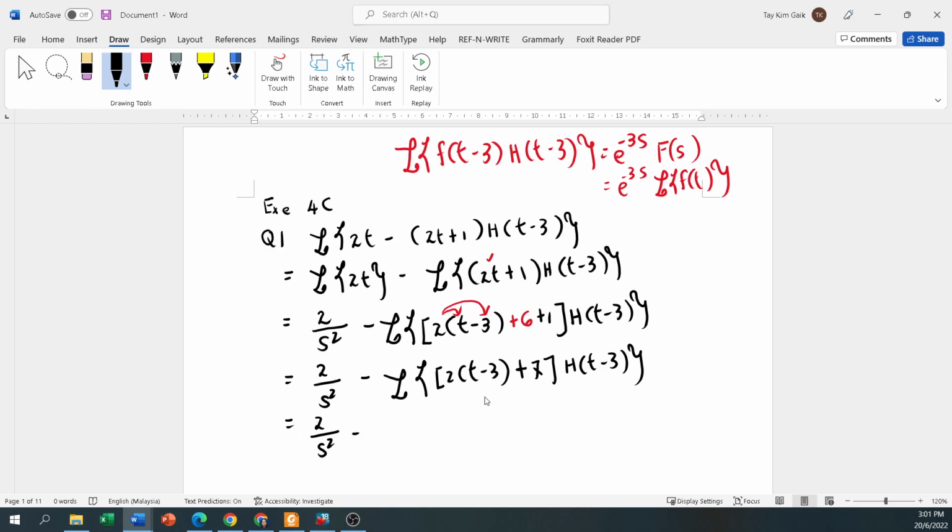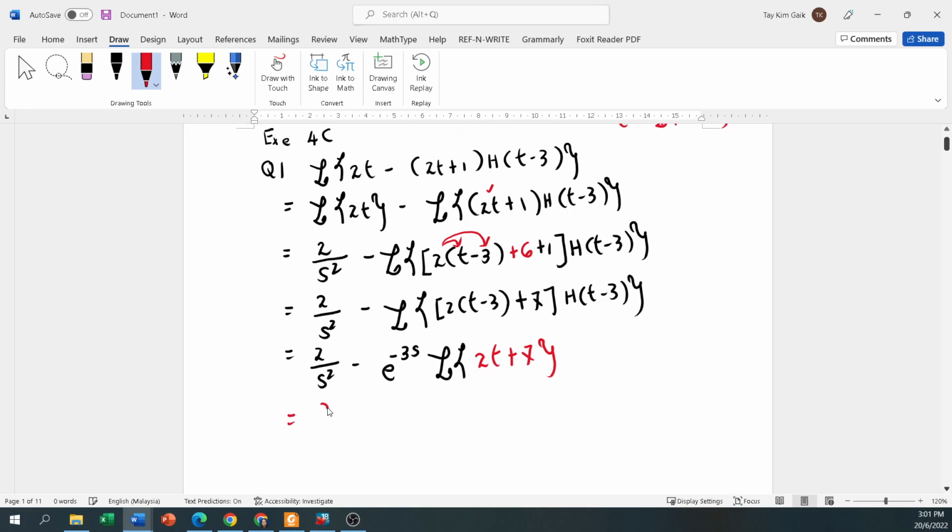So this is a form of f(t - 3) h(t - 3). The result you should have is e to the power negative 3s, F(s) is the Laplace transform for your f(t). Then t - 3 changes to t, so you got 2t plus 7. The Laplace transform is for f(t) = 2t plus 7.